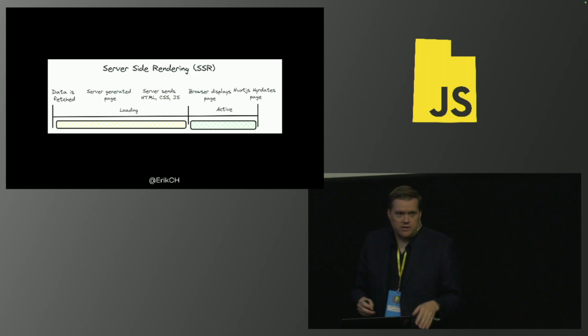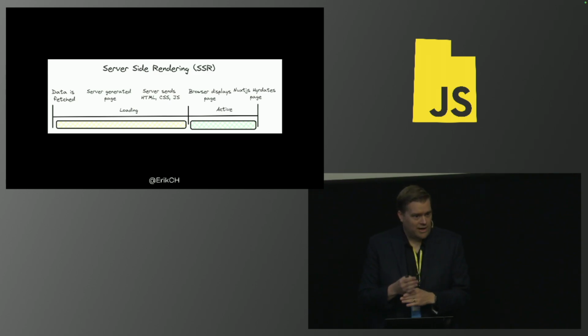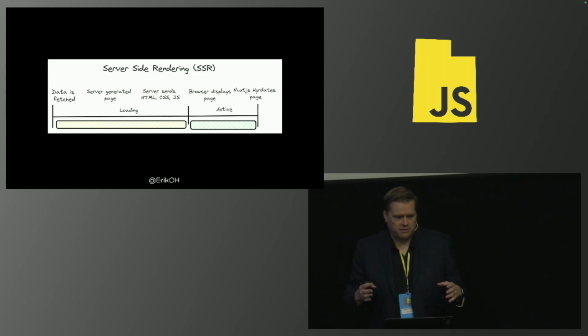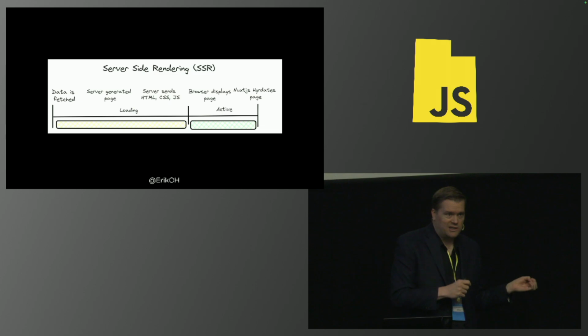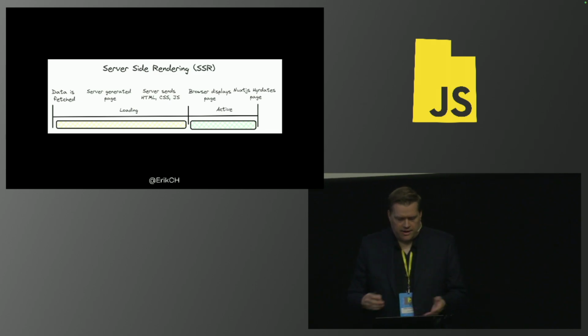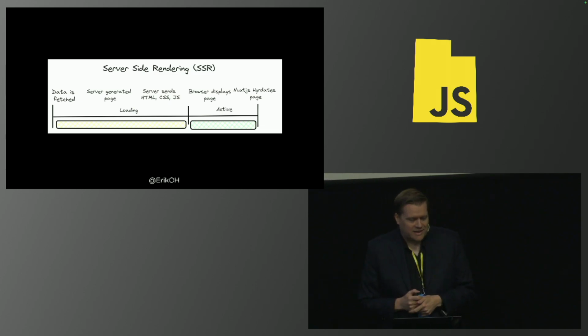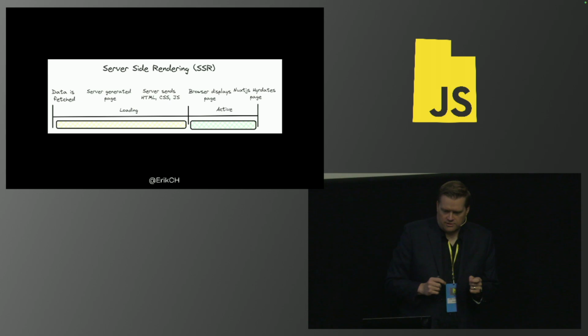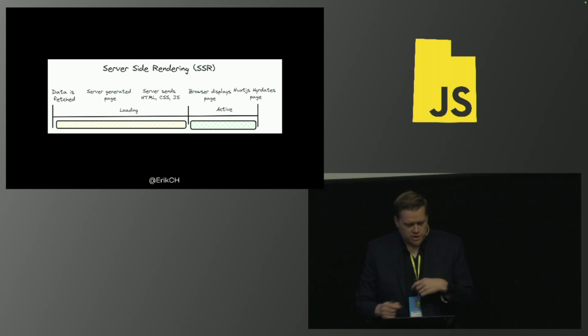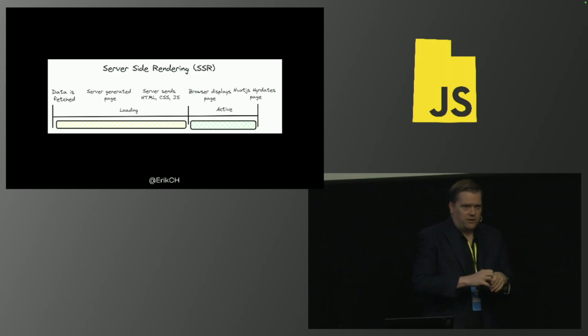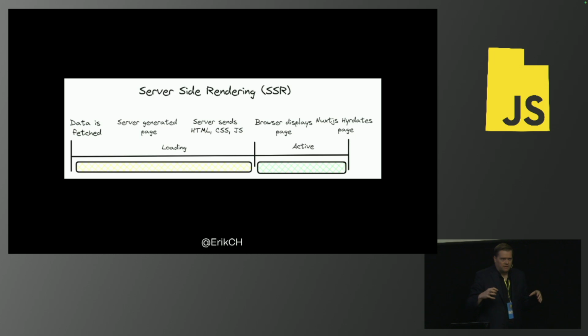In Nuxt, you can have each individual route or each individual component be either server-side rendered or static site generated. With server-side rendering, the data is fetched, the server generates the page, and it sends back HTML, CSS, and JS. The browser displays the page, and then Nuxt in the background does this hydration piece.